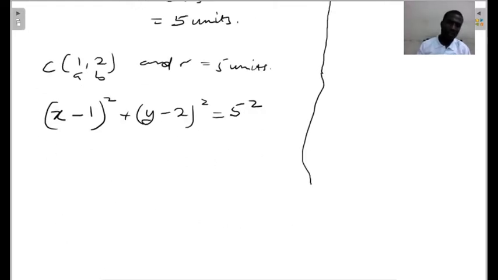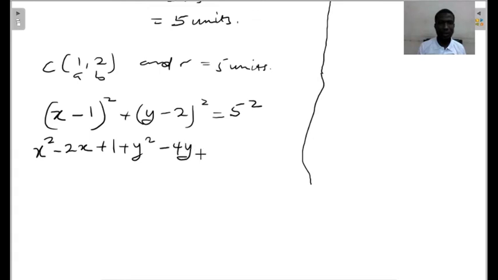expanding it to get x squared minus 2x plus 1 plus y squared minus 4y plus 4 equals 25.